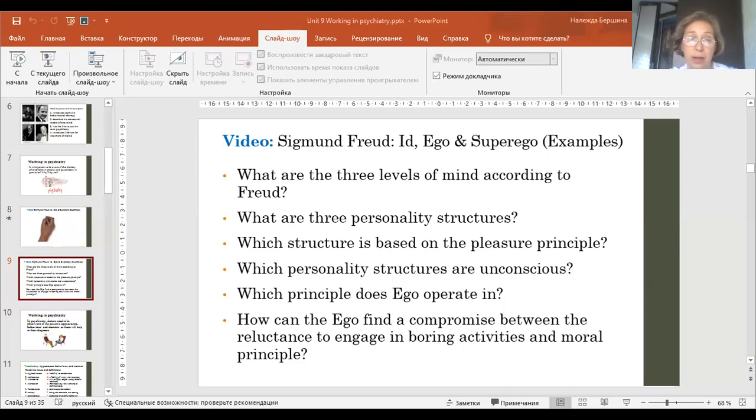Okay, and the last question: how can the ego find a compromise between reluctance to engage in boring activities and moral principle? For example, if a student just wants to do something boring, but the superego advises him to do something effective, there is a kind of conflict. How can ego find this compromise? Who can answer this question?